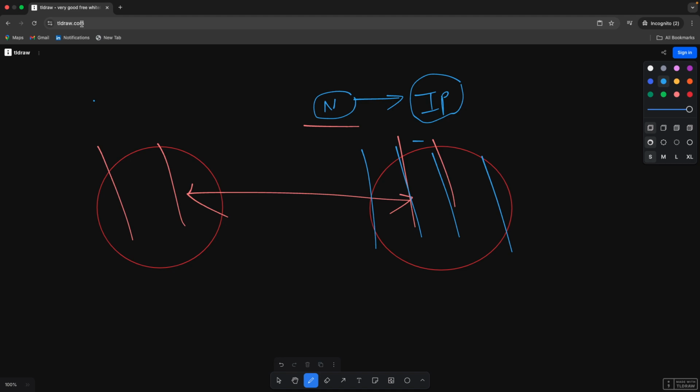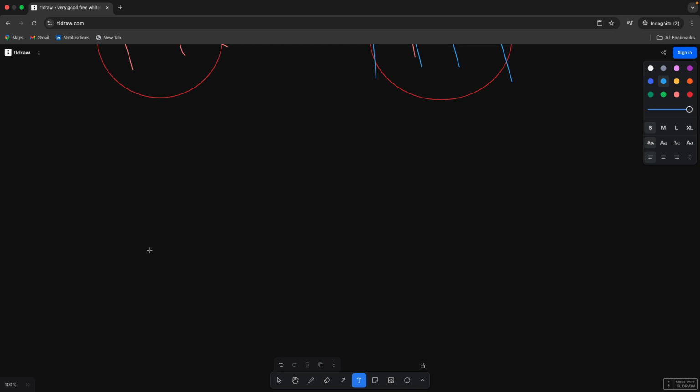So now we are trying to understand why. The first thing we understood is we need something that does a mapping of names to numbers.